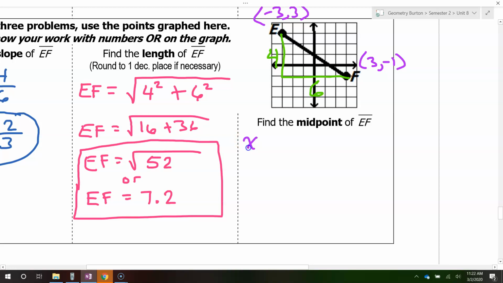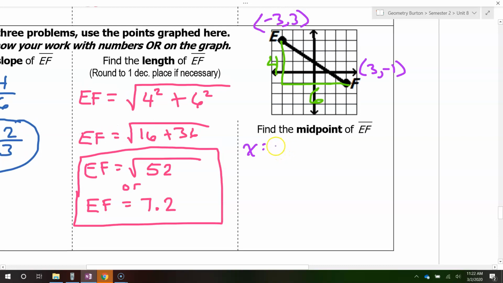So the x value will be the average of the x's, right? So that's going to be negative 3 plus 3 divided by 2. Interesting. So that's going to be 0 over 2, which is 0. Now the y coordinate of the midpoint will be the average of the y's.